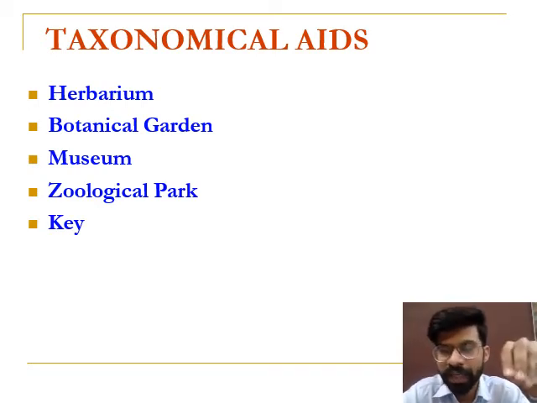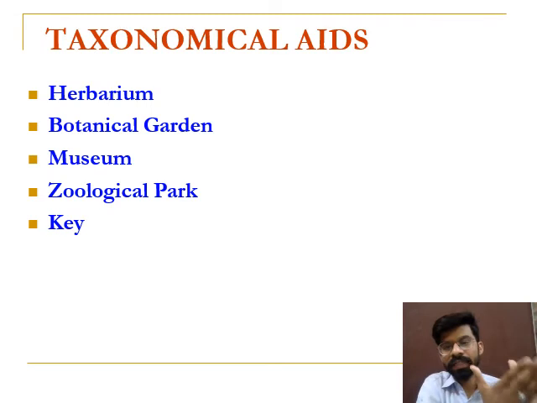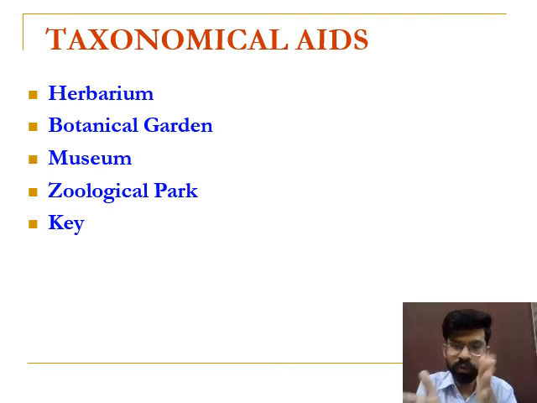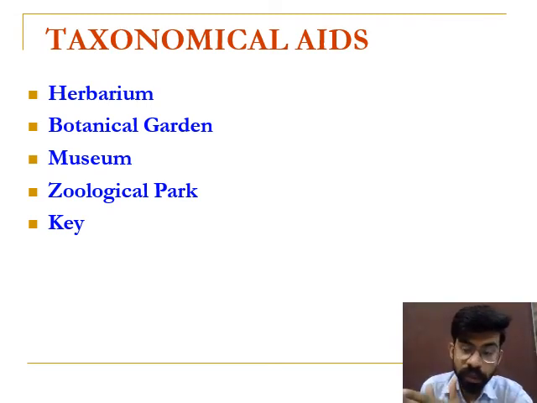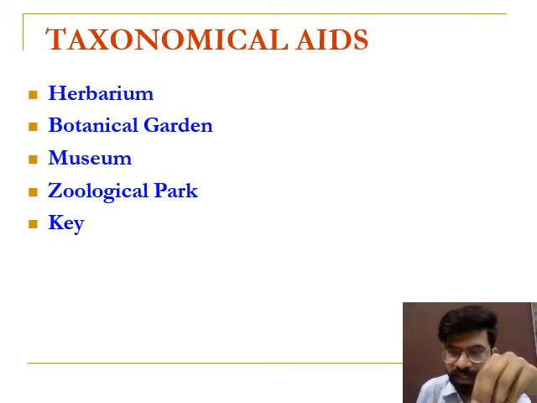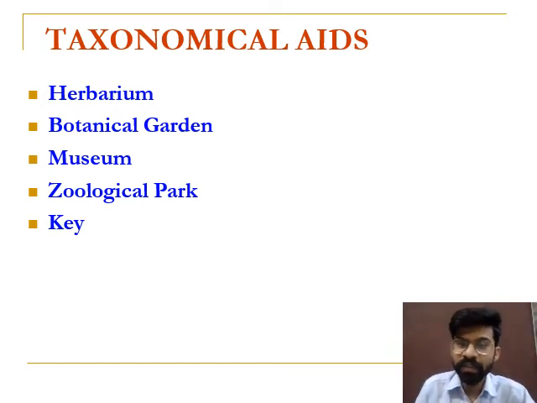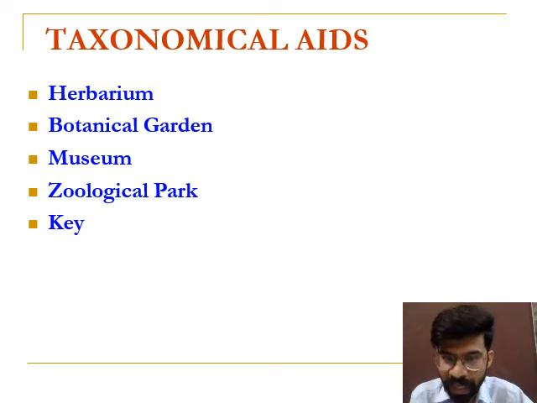The water content is removed from the plant specimen, mainly the plant leaf, and then this leaf is pasted on a plain paper, writing the name of that particular plant, the scientific name, the date of collection, and the family or class or division to which the plant specimen belongs.